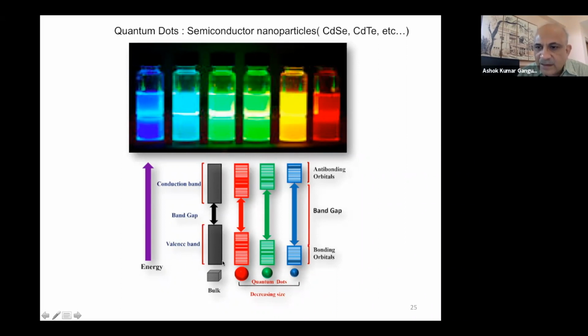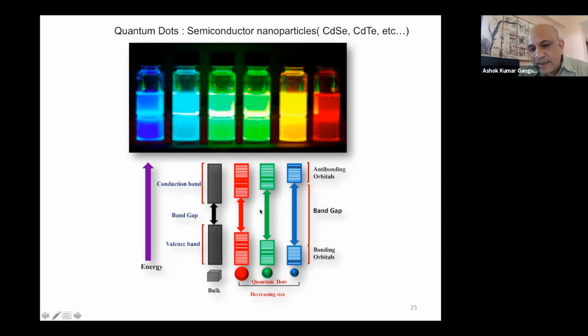This is called the bandwidth. So you go to the highest of the valence band and lowest of the conduction band, and this gap is called the band gap. And I can change the band gap and I can change the color. Because the color comes from the light which the solid is absorbing. The solid is absorbing light equivalent to the band gap.